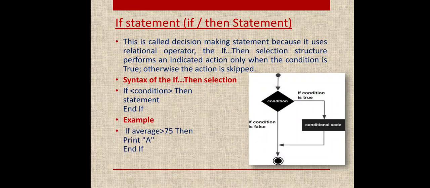Otherwise, if the average is like 60, 55 or less than 75, there will be no message. So this is the simple decision control statement where we put the condition, and if the condition is true, that statement will get executed. If the condition is false, the statement will not get executed, as seen in the flowchart as well.